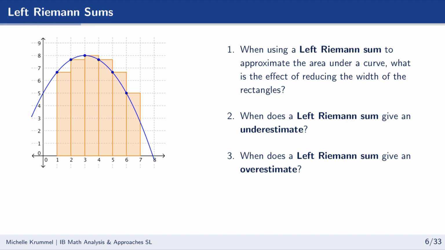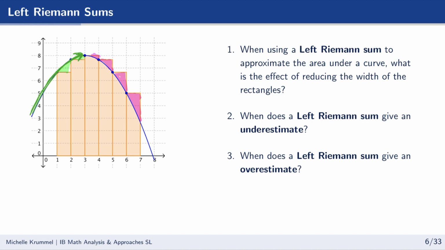When does a left Riemann sum give an underestimate? So it's giving us an underestimate, like here and here. What's different about that, thinking about the function, than where we get an overestimate over here? How's the behavior of the function different? Well, on the left side of the graph here, the curve is increasing.